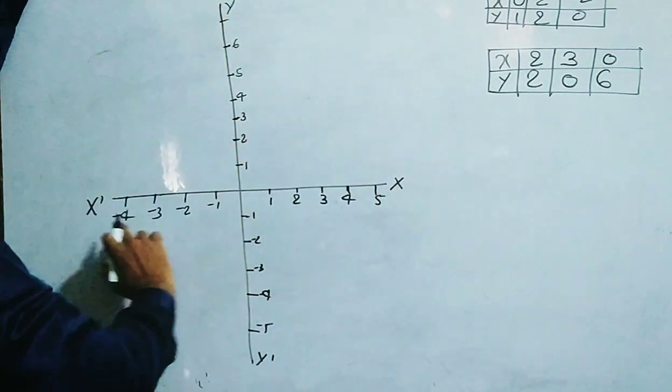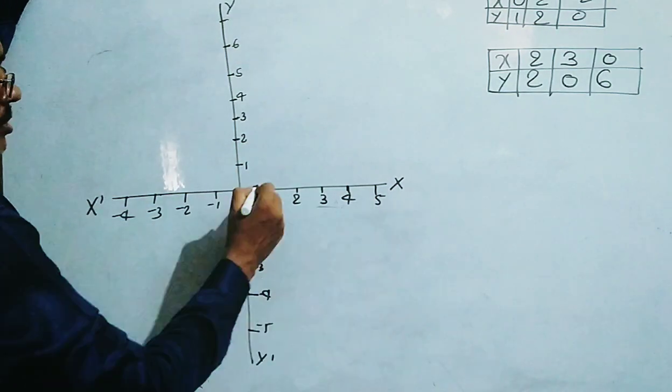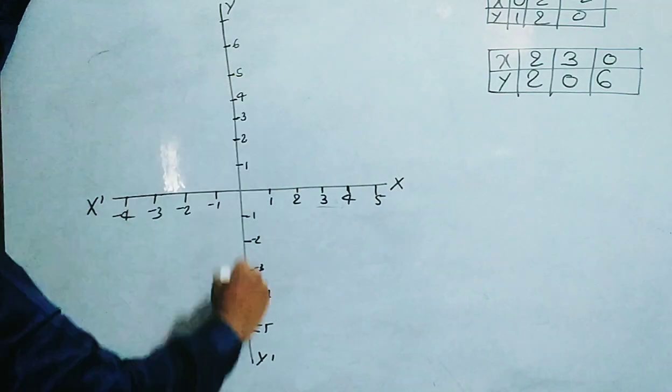One is vertical and the other is horizontal. This side is positive, here is negative, here is positive, there is negative.